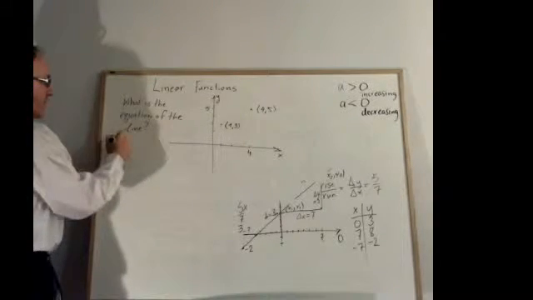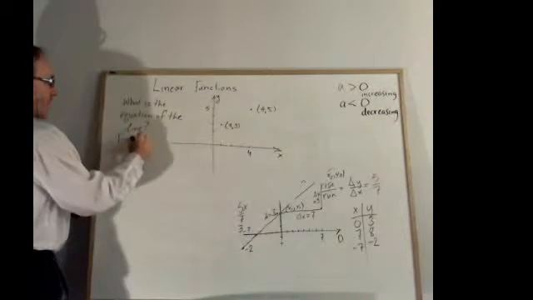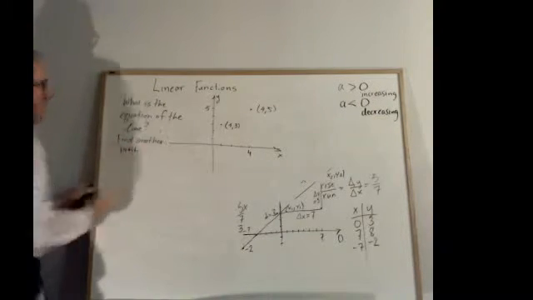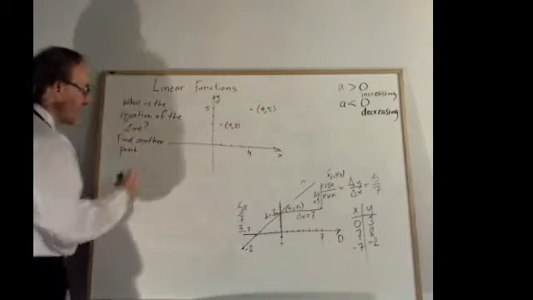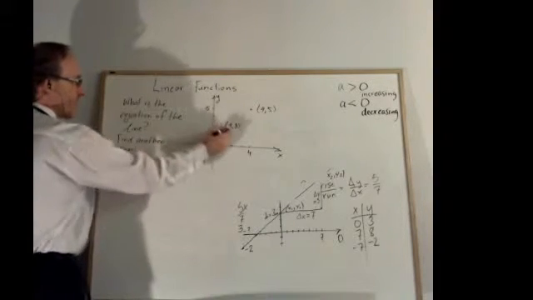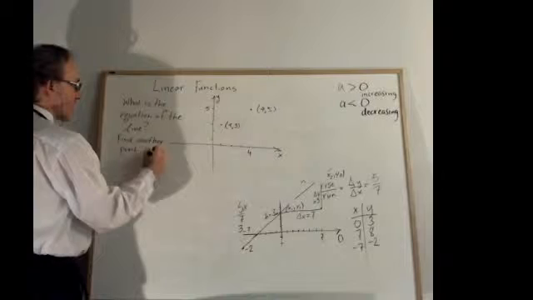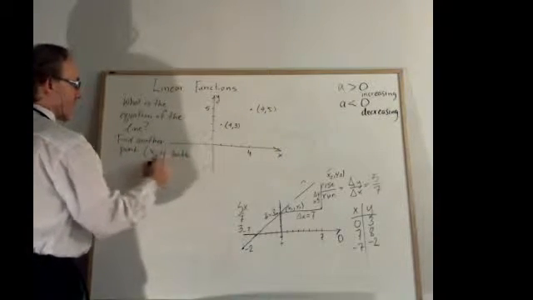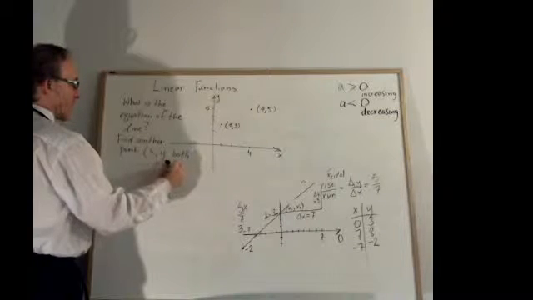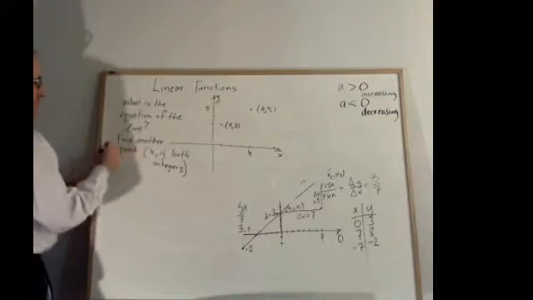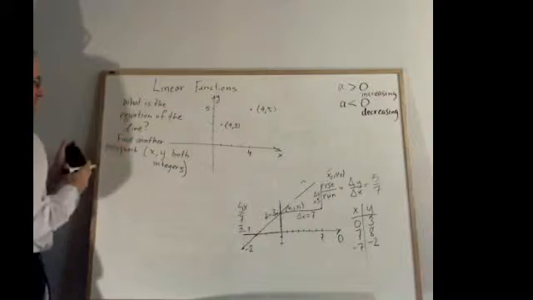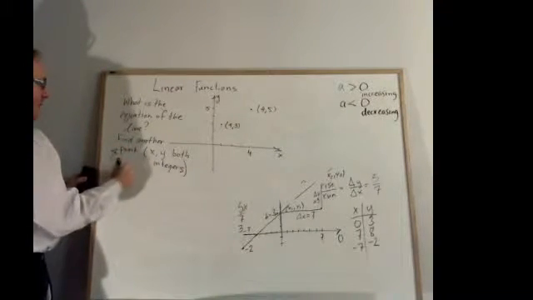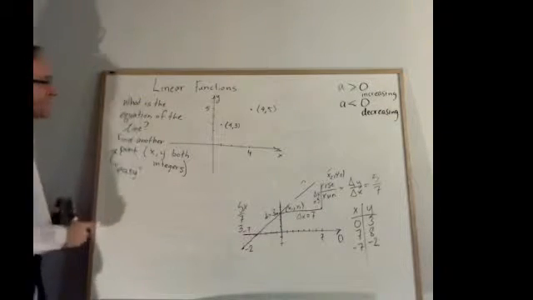And find another point. Find an easy point. So an easy point would be one, say, which has both x and y equal to integers, so it's not dealing with a fraction.